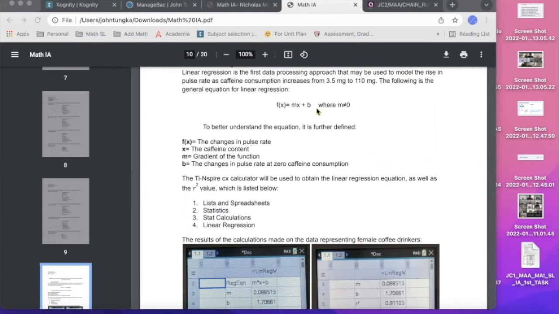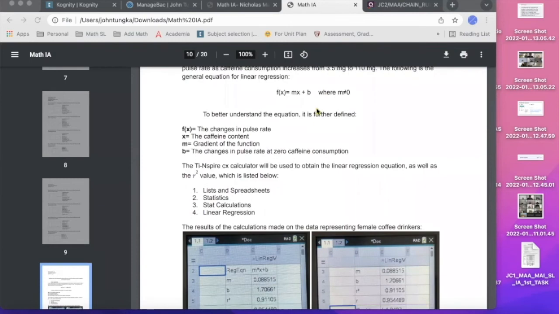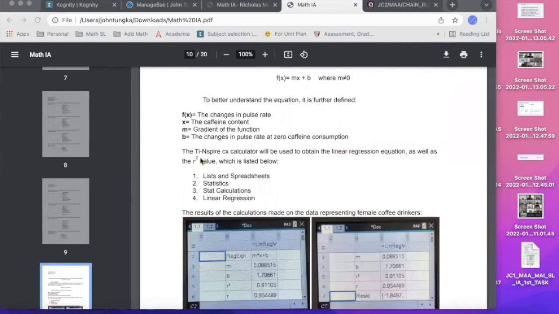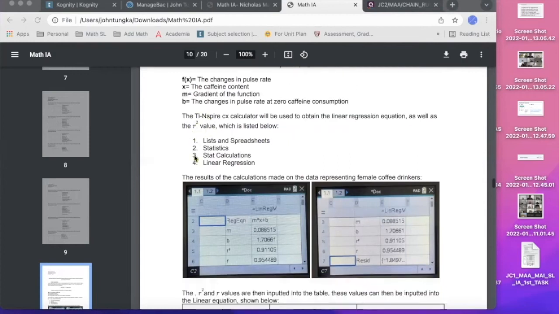That will show IB that you use ICT as well. And you are being consistent with the mathematical notation and symbols. The TI-Nspire CX calculator will be used to obtain the linear regression equation as well as the R square value.